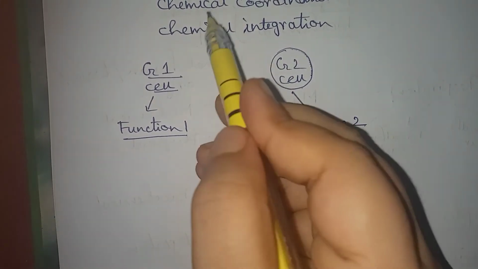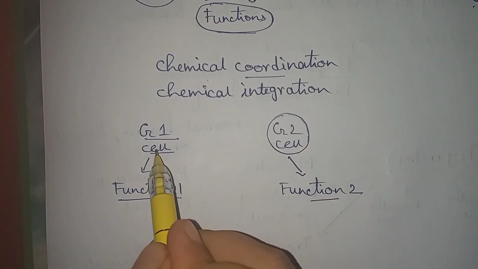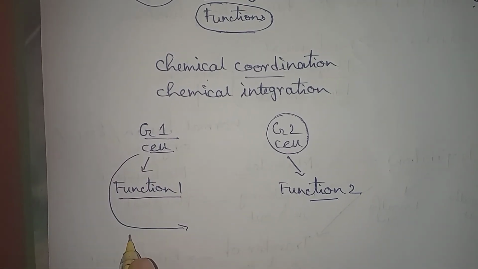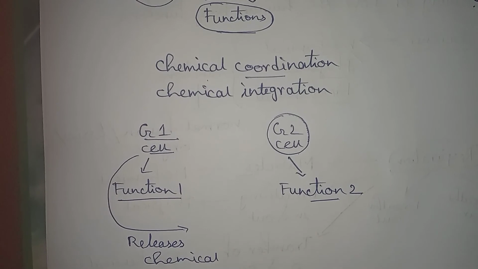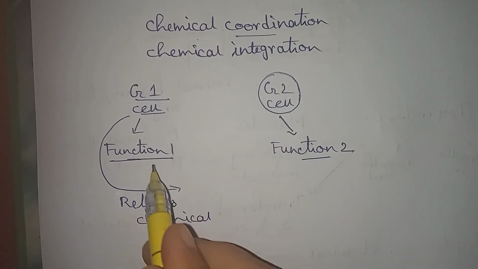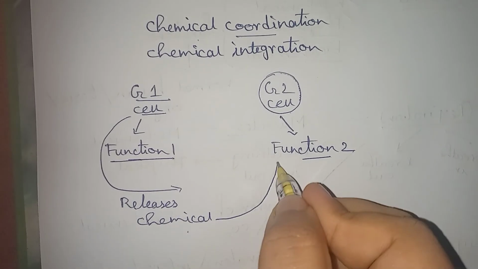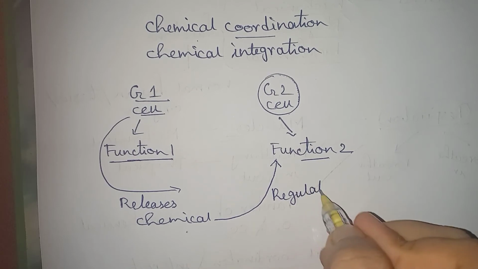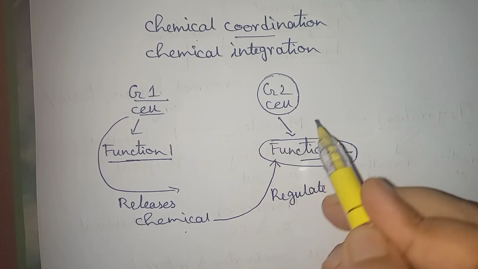Now in the case of chemical coordination, the group 1 cells release one specific chemical, that is function 1 of this group, releasing the chemical. This chemical reaches the group 2 cells and regulates the activity of the group 2 cells, that is, it regulates function 2 of the group 2 cells.